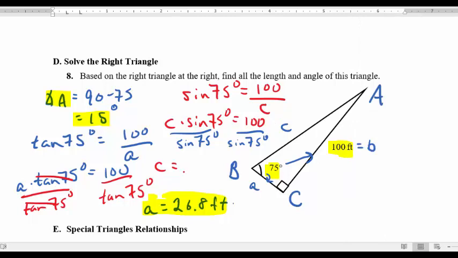So C is 103.5 feet. So now we found the other two sides, we found the other angle, so now we're done. Right, so angle A was 15 degrees, side A was 26.8 feet, and side C, the hypotenuse, was 103.5 feet.